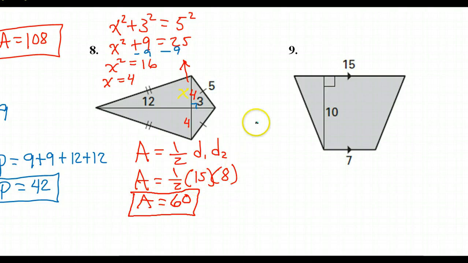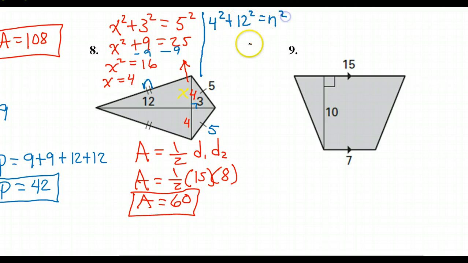Now, for the perimeter, well, if this is 5, I know this is 5. On the other hand, I'm going to have to do the Pythagorean theorem again to find the length of one of these, the hypotenuse. So say if I call this n right now, then if I do the Pythagorean theorem again, using the 4 and the 12, that means 4 squared plus 12 squared is equal to n squared.